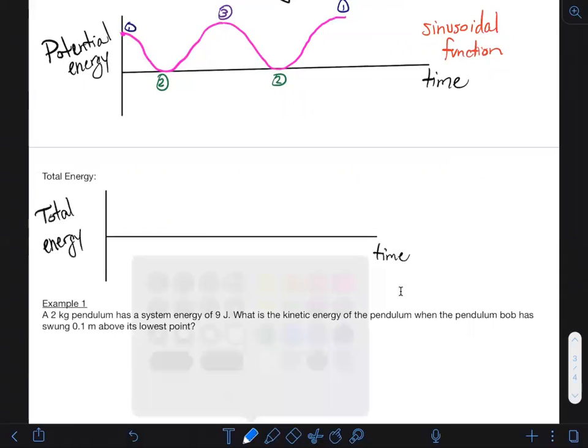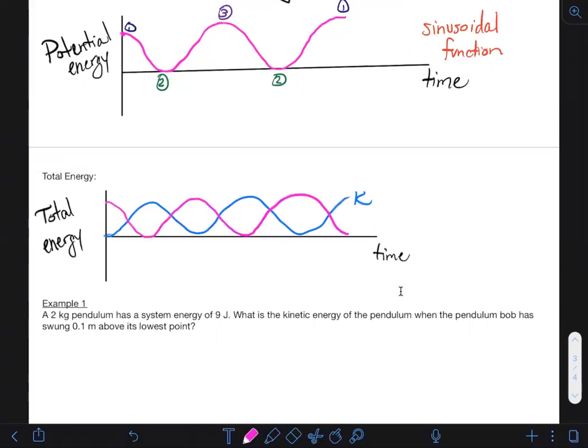What we see when we do this is that we're going to have our kinetic energy, and we're going to have our gravitational energy, or sorry, potential energy. And we now can more clearly see the fact that when one is maximized, the other is minimized.